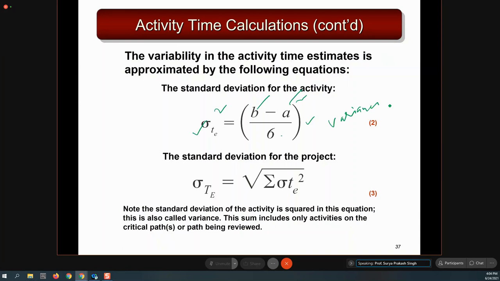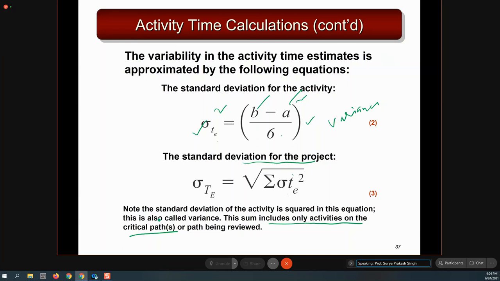Now, when you are talking about a given activity, what is the standard deviation for the entire project? The standard deviation of the entire project is equal to the square root of the sum of the variance of all critical activities. You have to make sure that this sum includes only activities on the critical path.